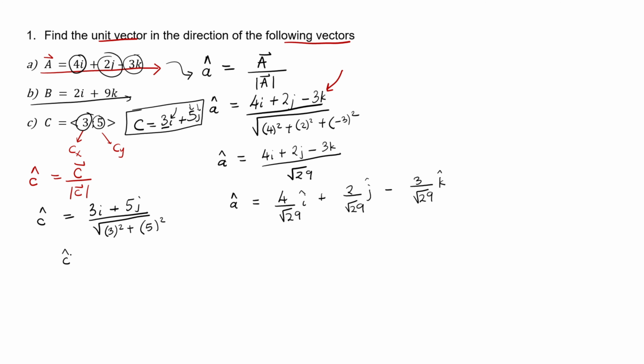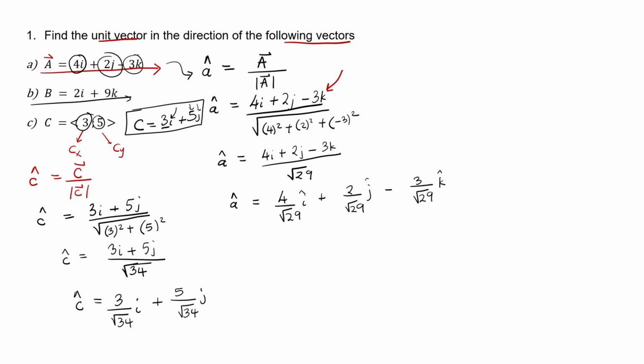So the unit vector of C is 3i plus 5j over the square root of 9 plus 25, which is 34. So the unit vector of C will be given by 3 over square root of 34 i plus 5 over square root of 34 j if we split the denominator.